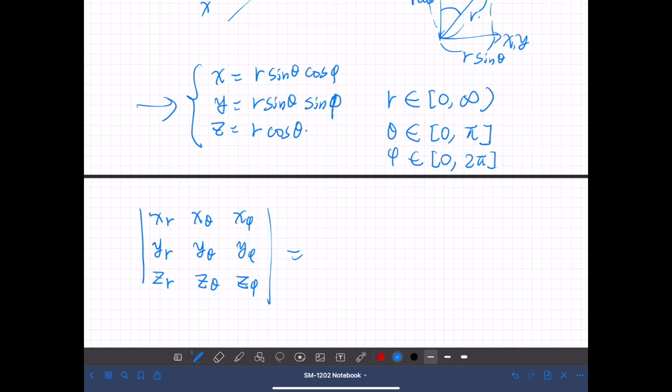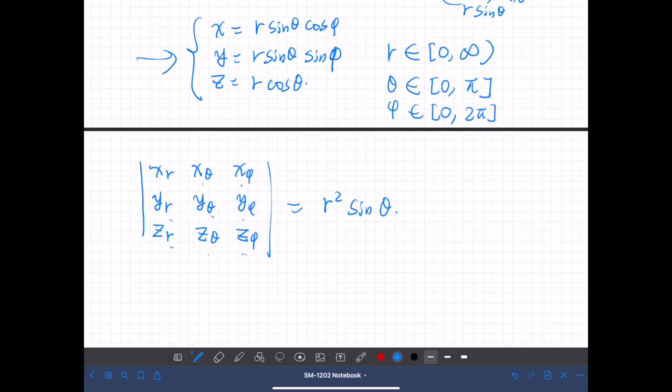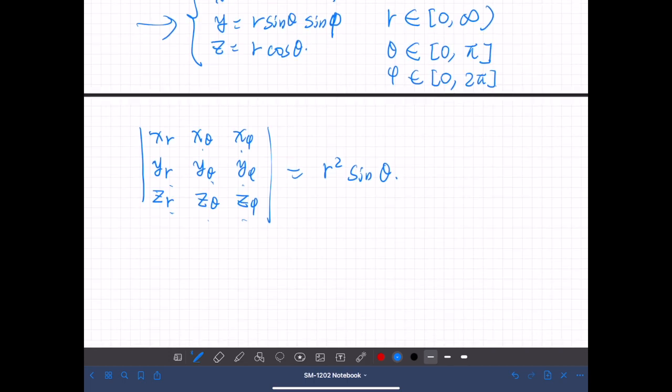If you try to calculate this, you should try that, and after all, we have r squared sine theta. In the case of two-dimensional polar coordinates, the Jacobian was just r. But in three-dimensional spherical coordinates, it's r squared sine theta.